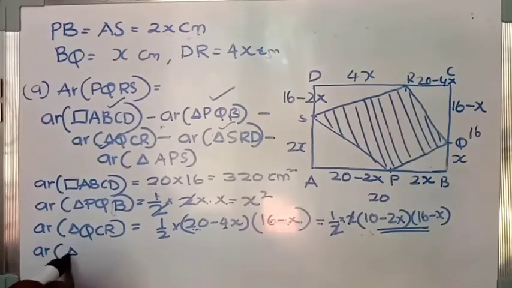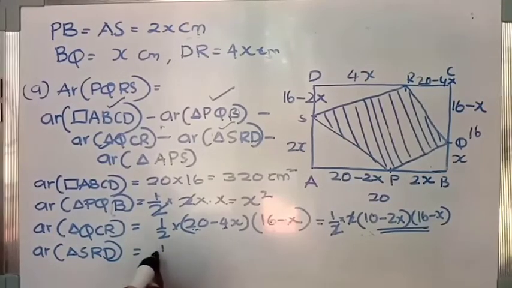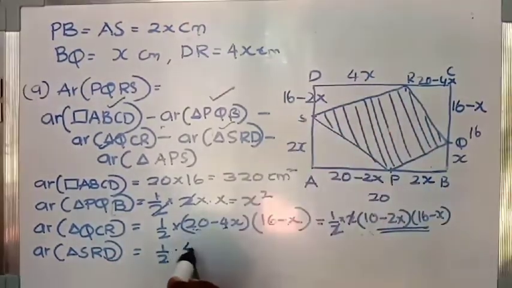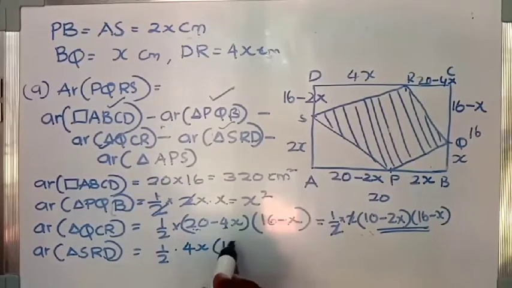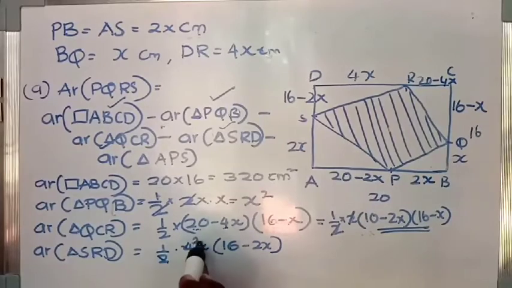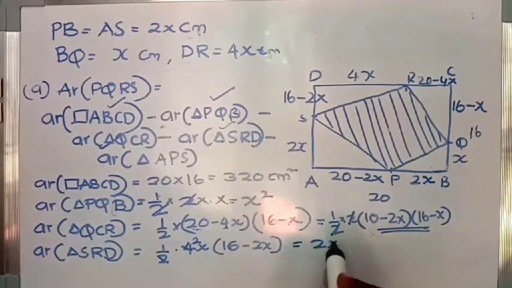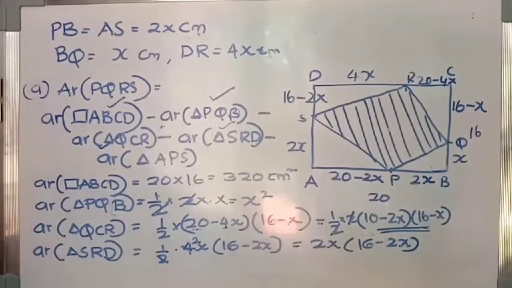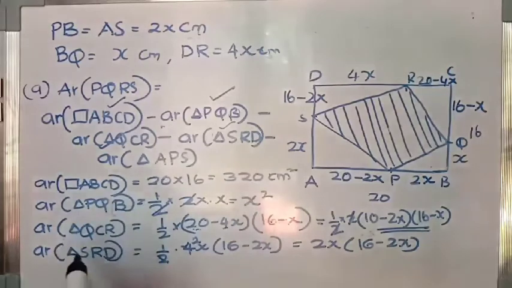Area of triangle SRD. That's also half into base into height. Half into 4x into 16 minus 2x. We get it as 2x of 16 minus 2x. We'll simplify all these values later, but before that let's find all the answers.